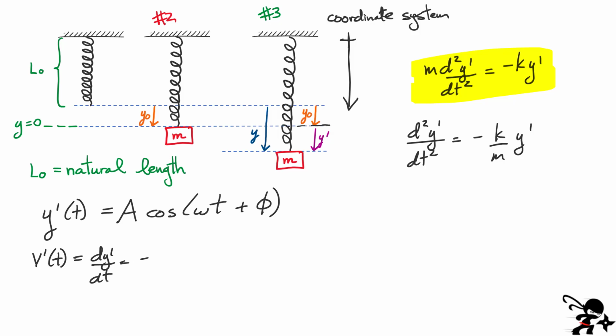So you get minus A omega sine of omega t plus phi. And then you can also get the acceleration right here, right? The acceleration with respect to time is minus omega squared times y prime of t. This is the exact same treatment you do for the horizontal spring and mass.